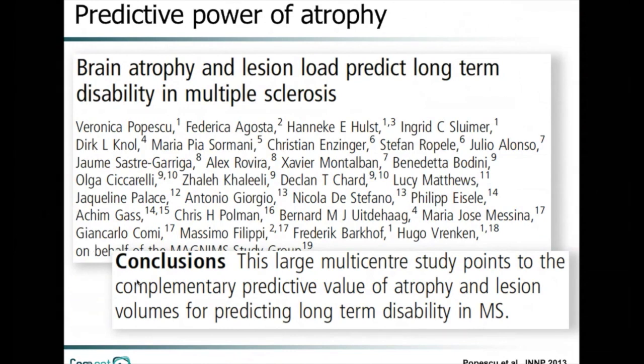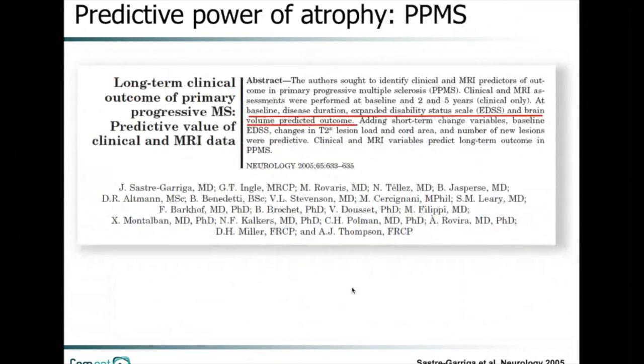And this is what we're showing in this 10-year follow-up study from the MAGNIMS cohort. So development of atrophy over 1 year together with lesion volume changes were predictive of EDSS status after 10 years. And this was in a group of relapsing remitting MS patients mostly, but we found exactly the same looking at a cohort of PPMS patients as well.